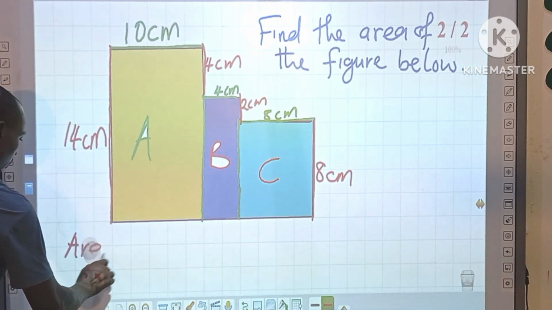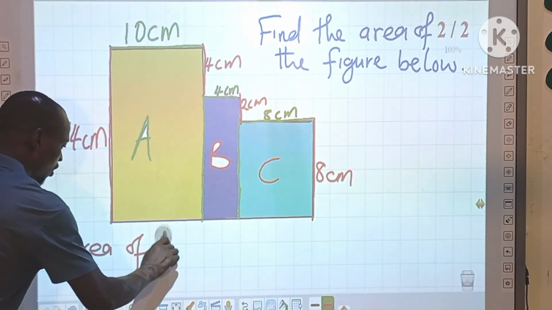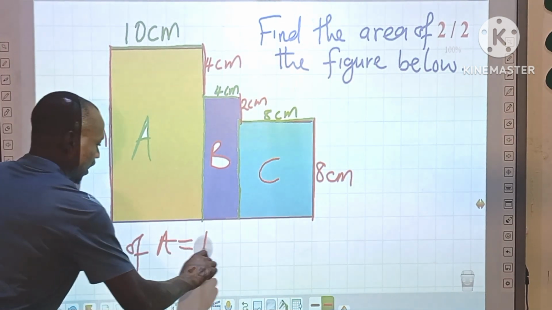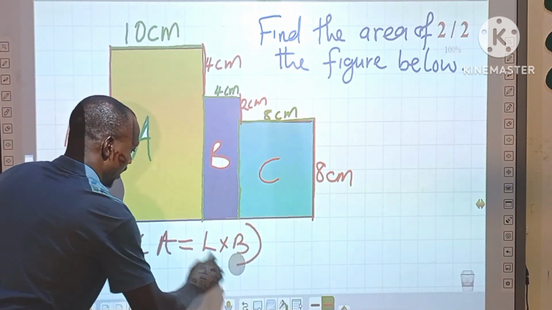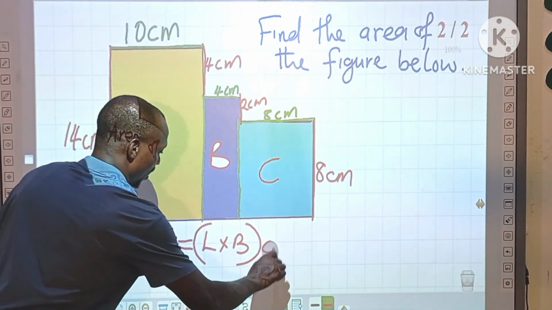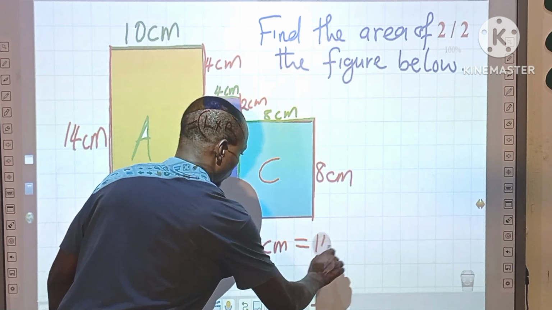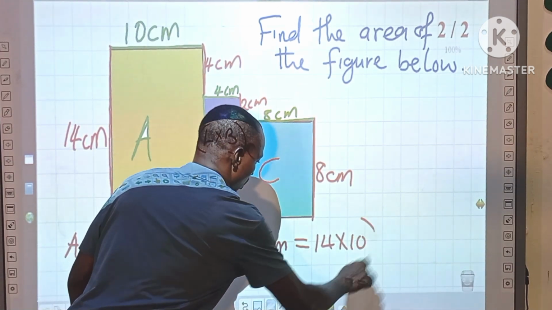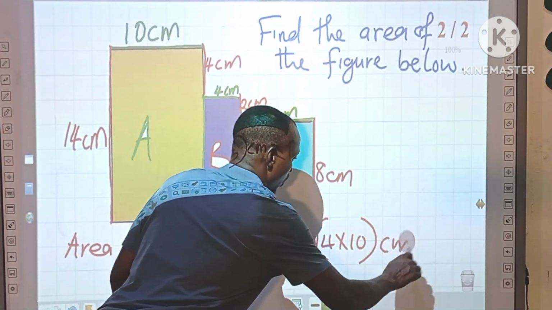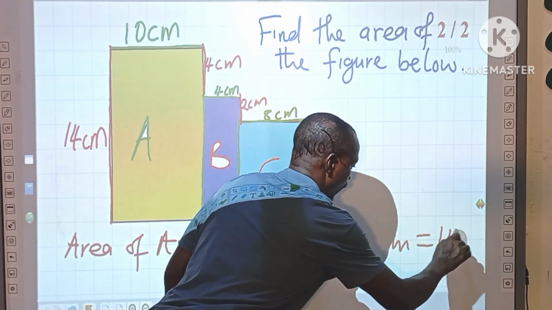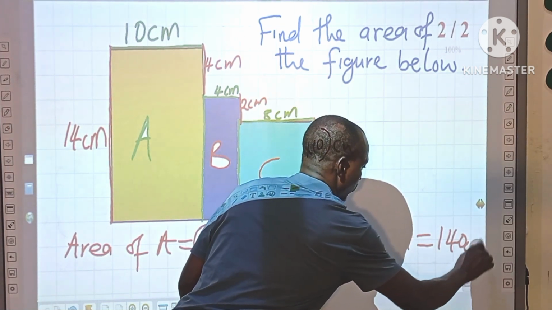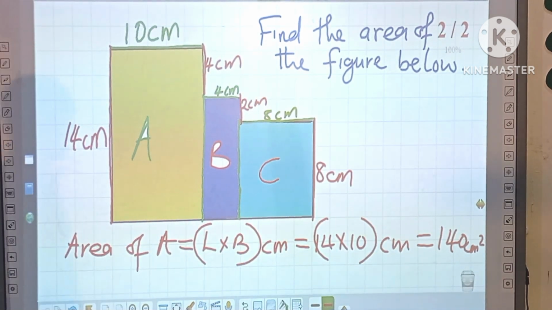Area of A will simply be equal to length times breadth, and the length is 14 cm, which is equal to 14 times 10, equal to 140 cm squared. That is the area of A.